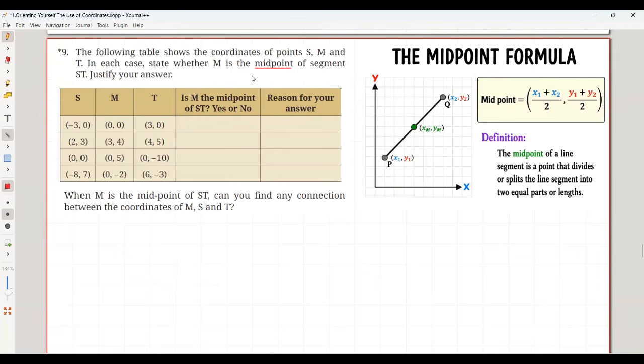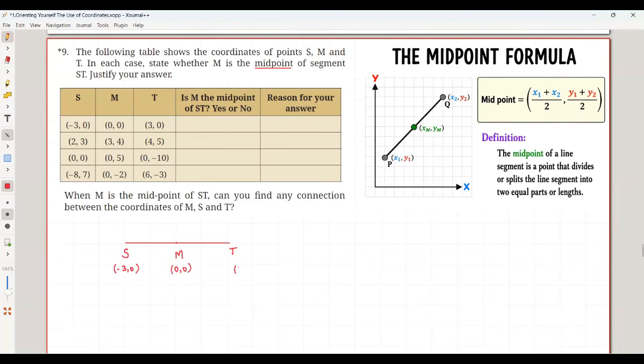For the first question alone, I'll just explain here. For example, this is S and this is T. They're asking whether M is the midpoint. S is given as minus 3, comma 0. M is given as 0, comma 0.